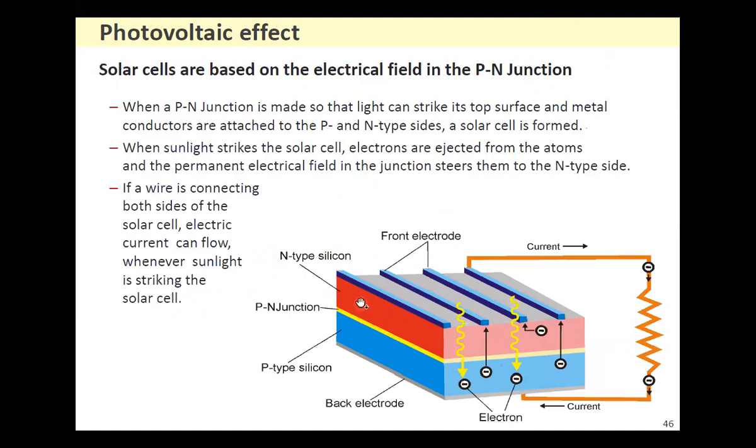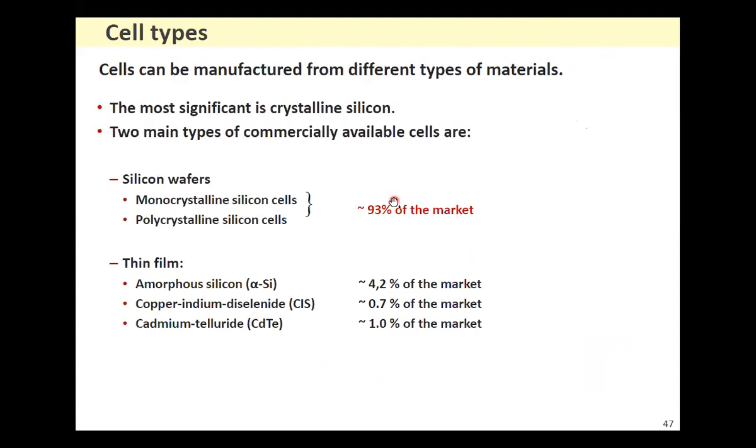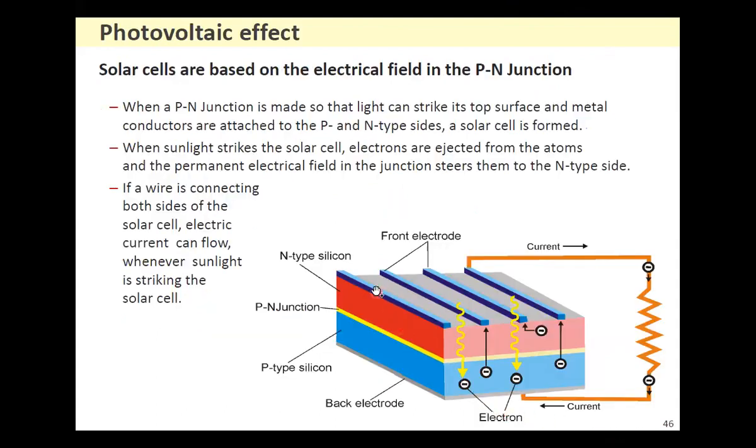So what you have here is a PN junction, the N-type material, the P-type material, and you have basically the electrodes on this side. These are the rod type electrodes, and here you have a back electrode which is in the form of a plate. Then when the sunlight falls, the electrons flow through the external circuit. So this is the PV effect.